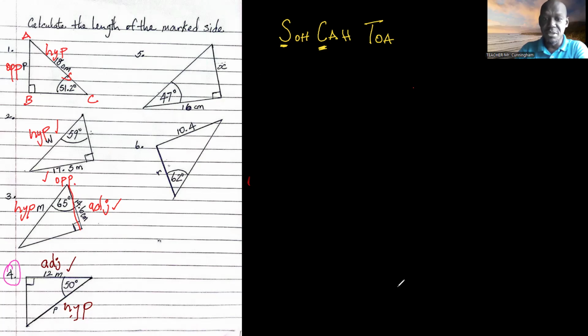Name the sides for me, Julia. Julia? All right, so Julia is not there. Oh, she's coming back in. Let's wait 5 seconds. 1, 2, 3, 4, 5. Yes, Julia. Can you name the sites for question 5 for me, please?